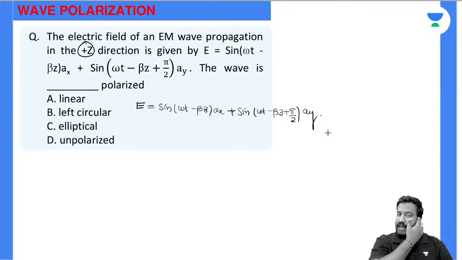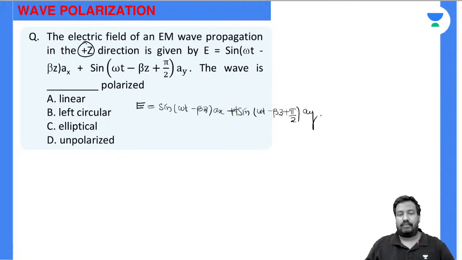Now you tell me the polarization, dear everyone. Can you tell me the polarization? Anyone?